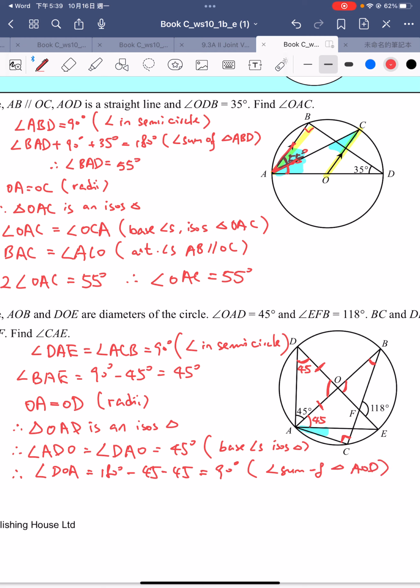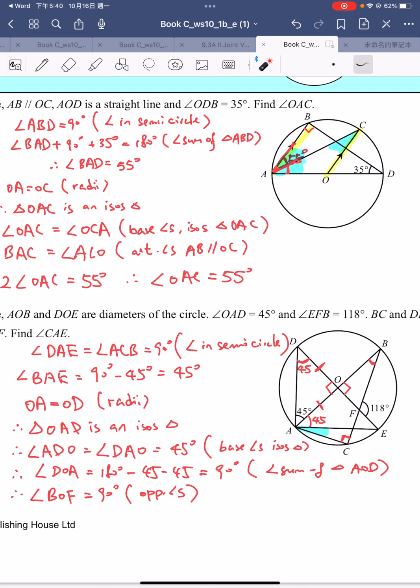So now we find out this angle DOA is actually a right angle. Same for this angle BOF, it is a right angle as well, because we can use the opposite angles. So we have the angle BOF is equal to 90 degrees as well, because that's the opposite angle.